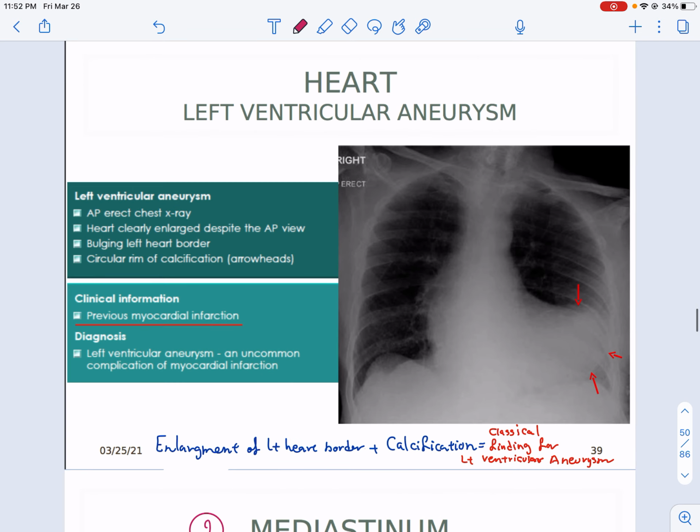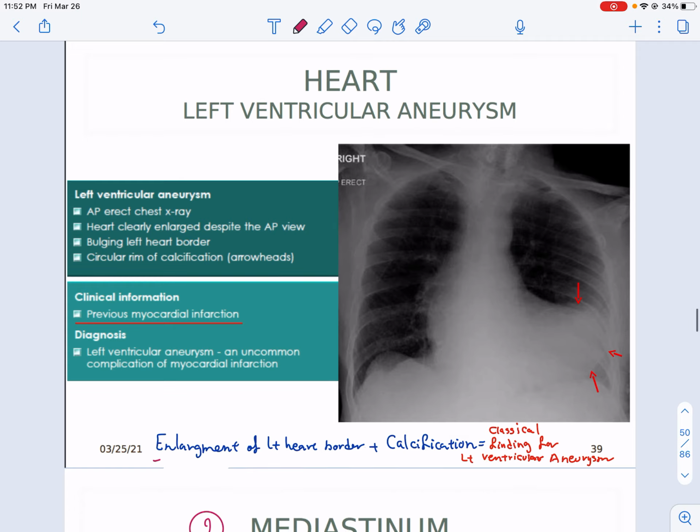And here, left ventricular aneurysm. كيف نعرف إذا هذا left ventricular aneurysm ولا لا؟ Basically, if you see enlargement of the left heart border, زي هذا enlargement, and we see calcification, هذا classical finding for left ventricular aneurysm. أو هذا ممكن يدل إنه patient already has a previous myocardial infarction.